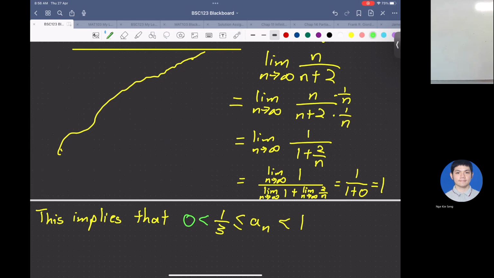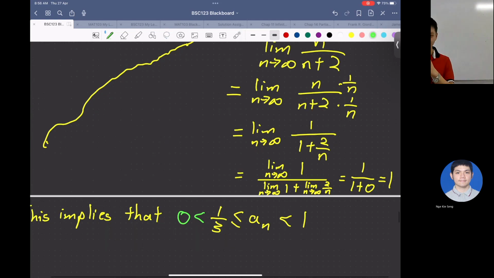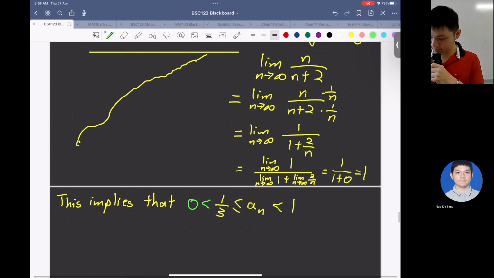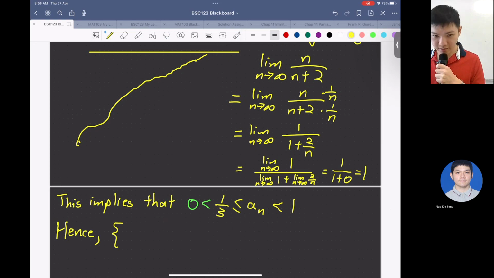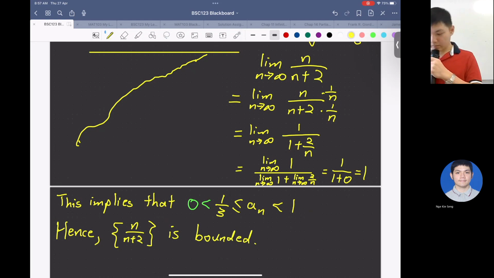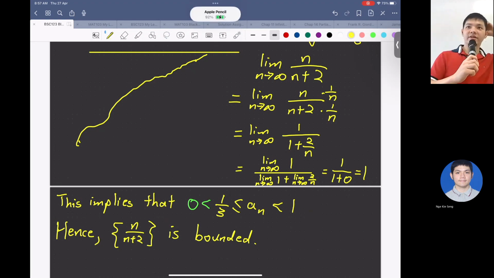If you don't believe, then we need to go something deeper. But anyway, a_n is less than 1, so hence the sequence is bounded. Okay, any problem with this question here?